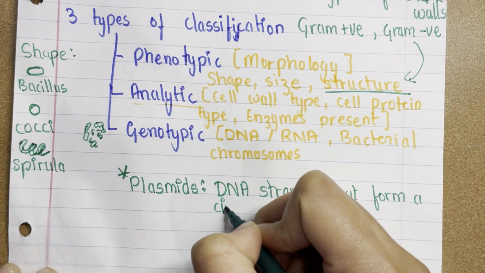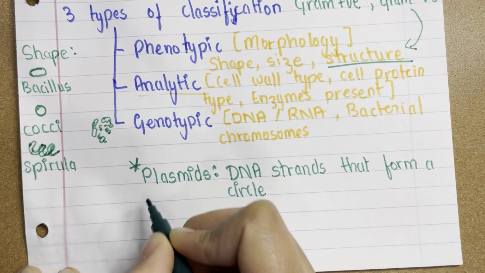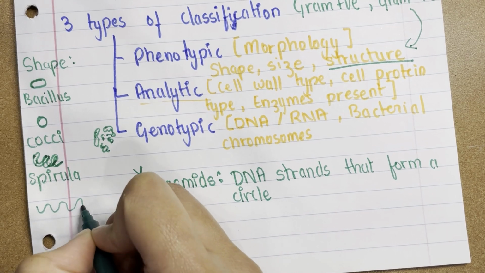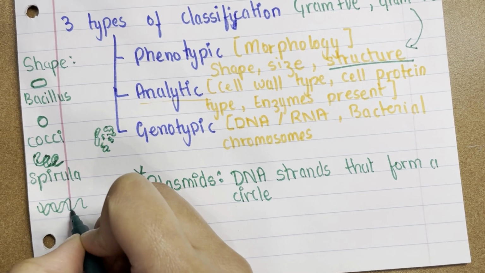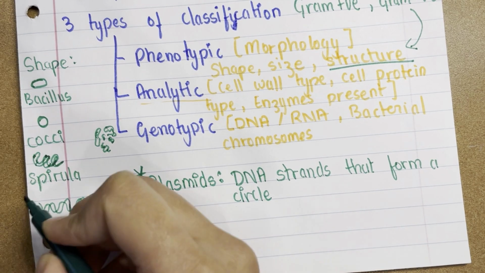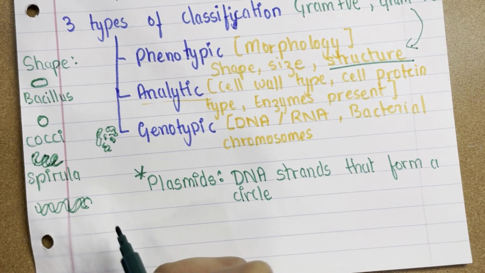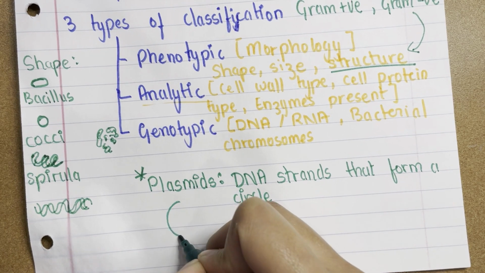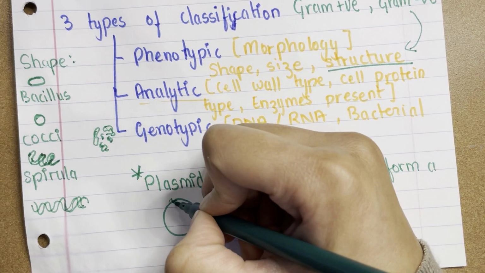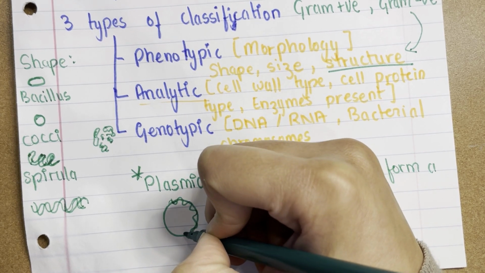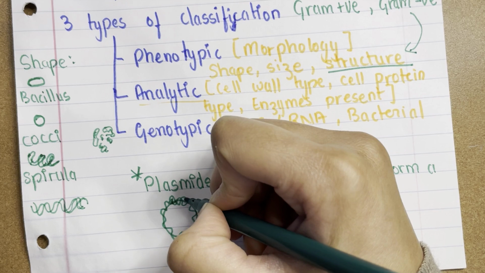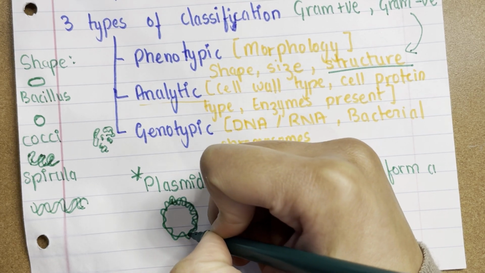And so instead of the normal double helix strands, the plasmid DNA is the same double helix, but it's just in a circle form.